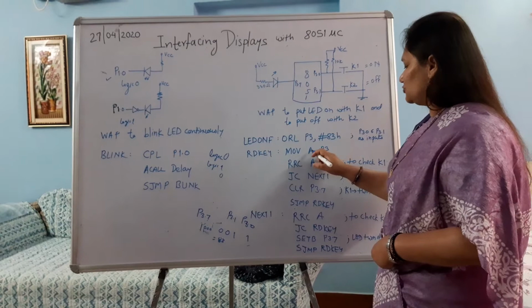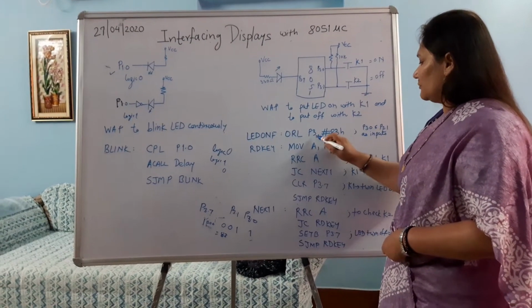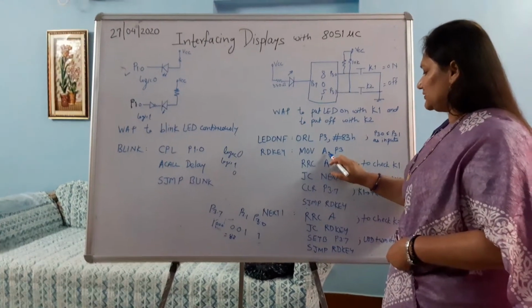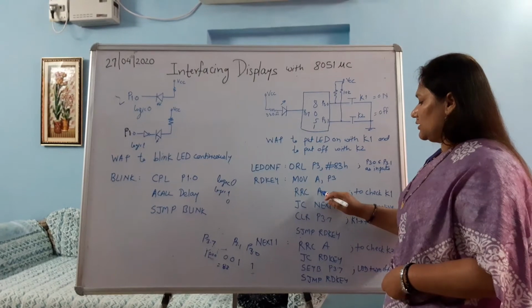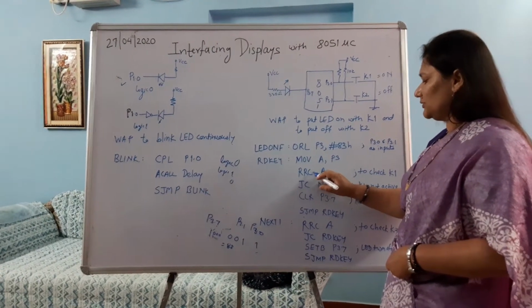Now we are taking that into the accumulator. When we do this, it will be available on the port, and subsequently it is available in the accumulator also. Now we do RRC, that is rotate right with carry.